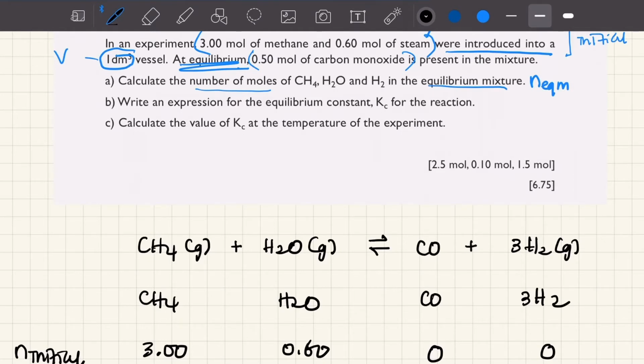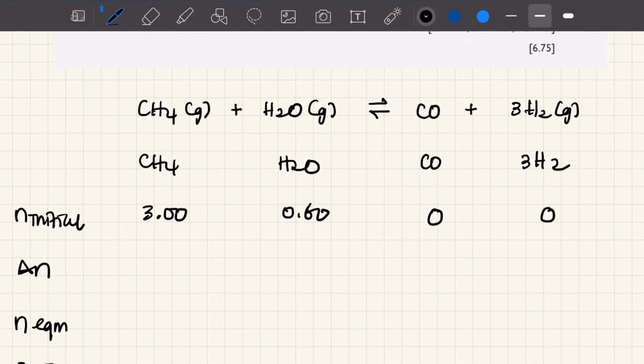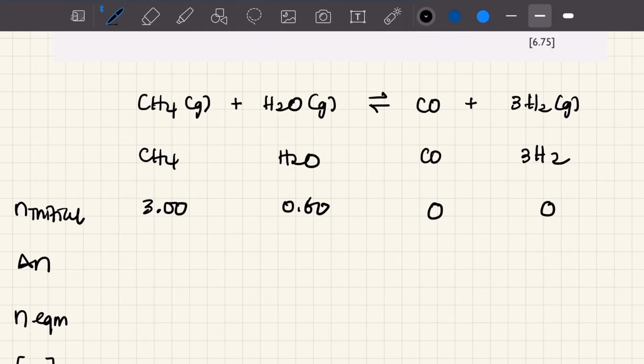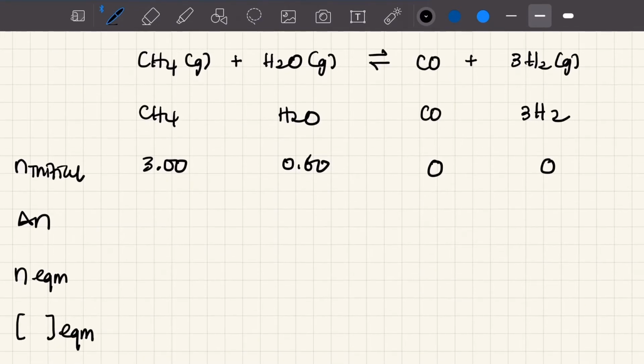Now, delta N, you will look at the stoichiometric coefficient of your substances. Methane only has 1 mole, therefore, what will happen to your reactant? You will consume your reactant, so your reactant will deplete, meaning it decreases.